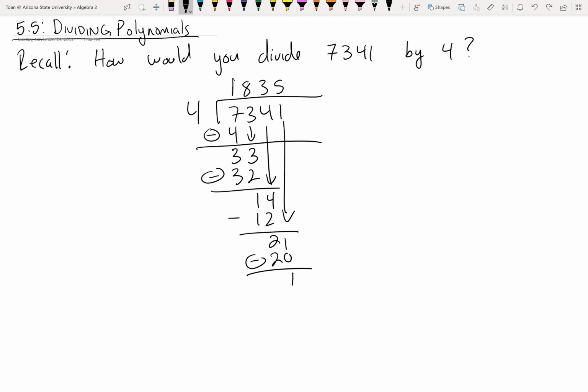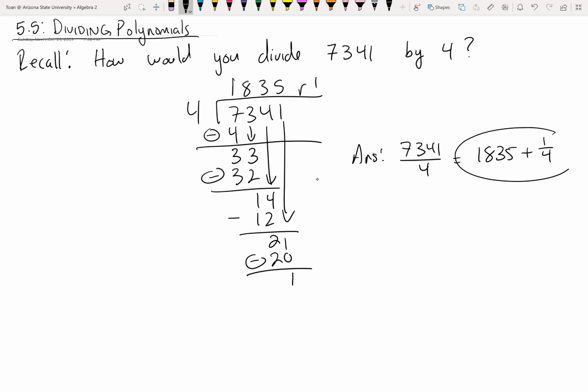But the way that we're going to write this answer here is thus. 7,341 divided by 4 is 1,835 plus that remainder of 1 tells us we have 1 out of 4 parts. This is our answer. So that's what is known as the division algorithm.